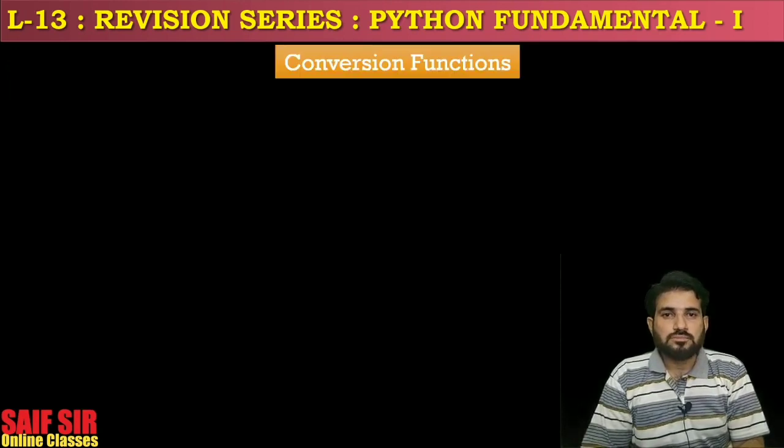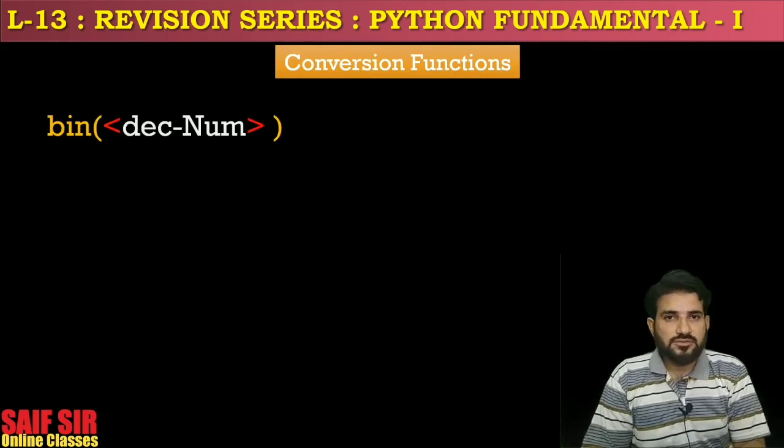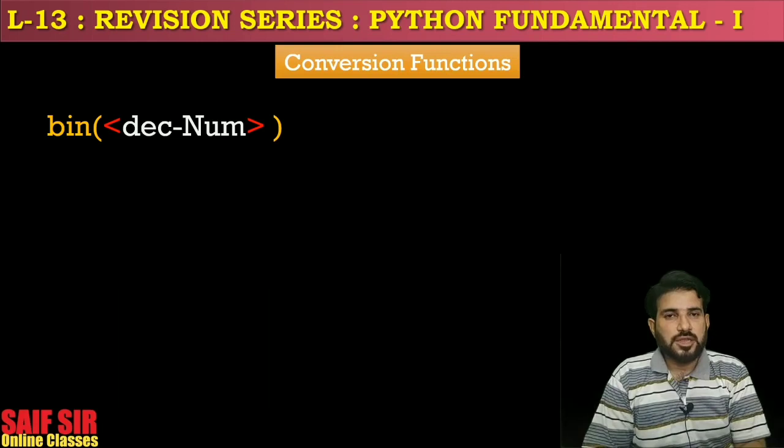To make it easier to understand, Python provides three built-in functions out of the box: bin, oct and hex. All these three functions accept a decimal number and give you its corresponding binary, octal or hexadecimal. In this binary function, if you pass any decimal number, it will give you its corresponding binary equivalent.